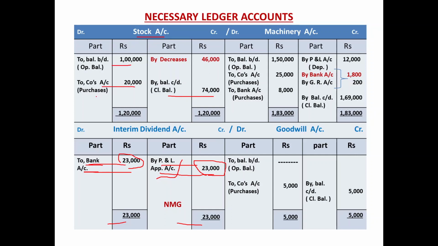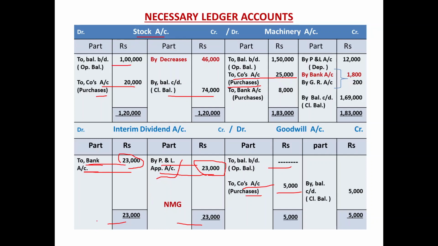Opposite narration, company's account, purchases. Machinery account debited 25,000. Opposite narration, company's account, purchases. Goodwill, no opening balance. Posting, goodwill account debited to company's account credited 5,000. To that company's account credited 50,000.